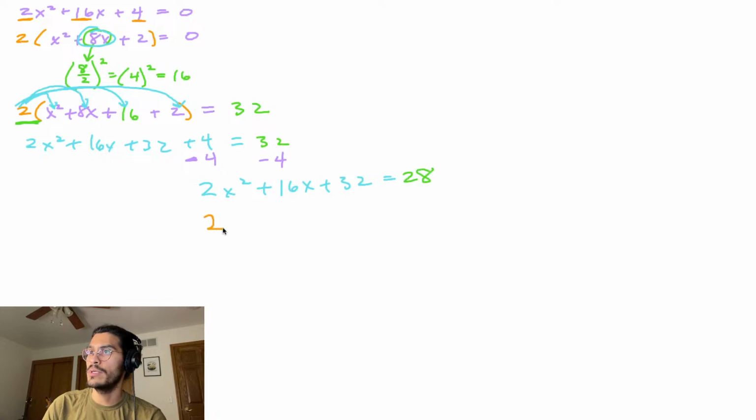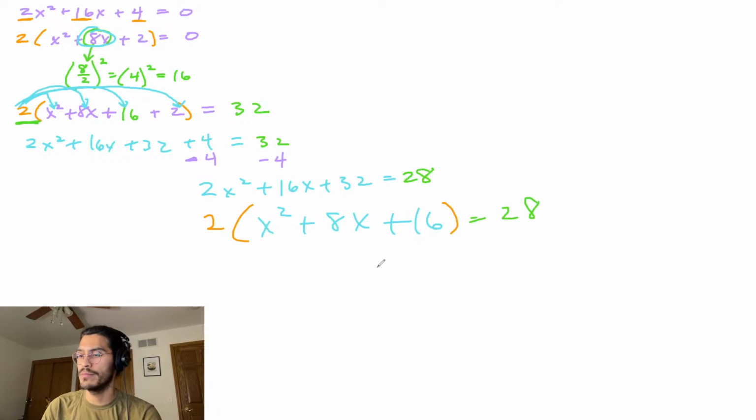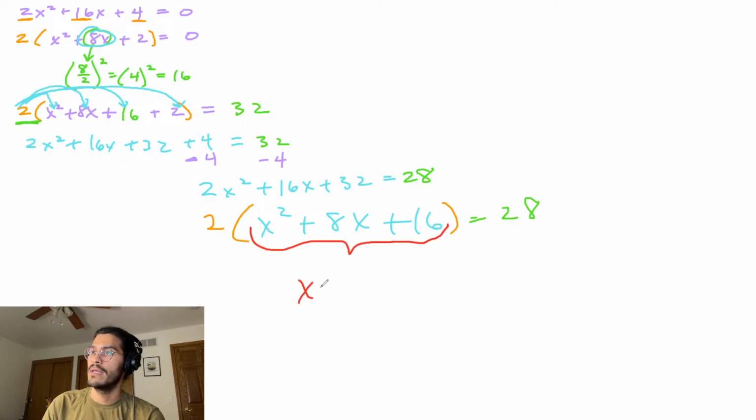And we have a 2 parentheses x squared plus 8x plus 16 equals 28. Cool? So the key thing we did is that inside this can now be x plus 4 times x plus 4.